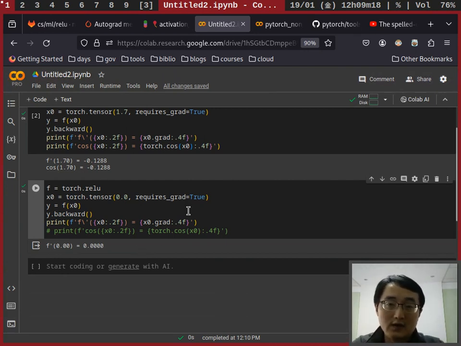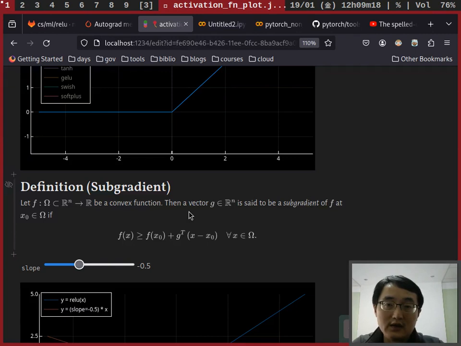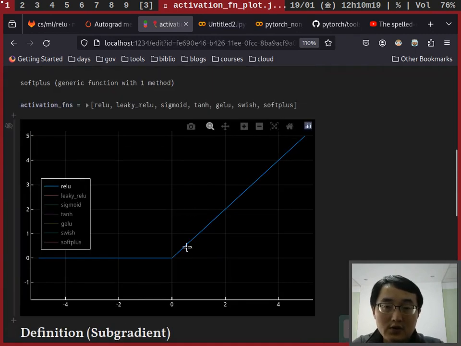And indeed, we see that 0 is indeed a subgradient for the ReLU function at x equals 0.